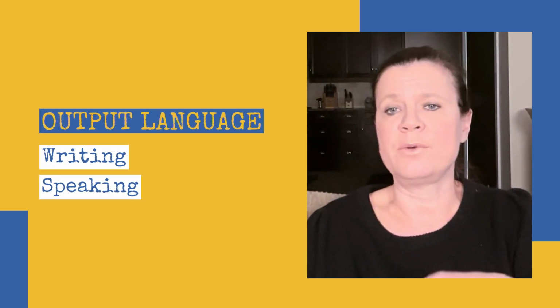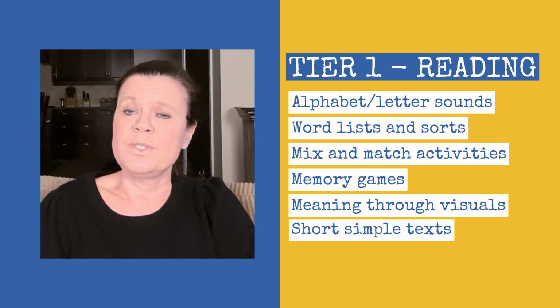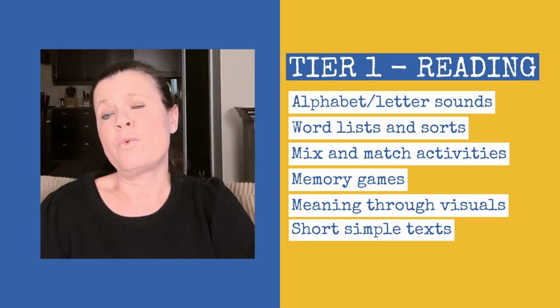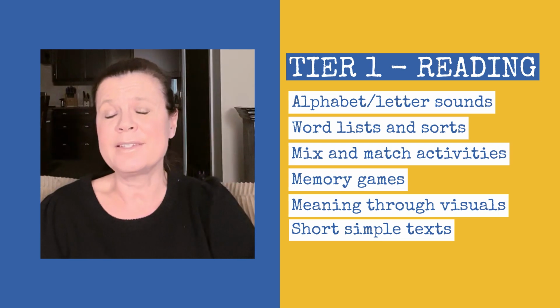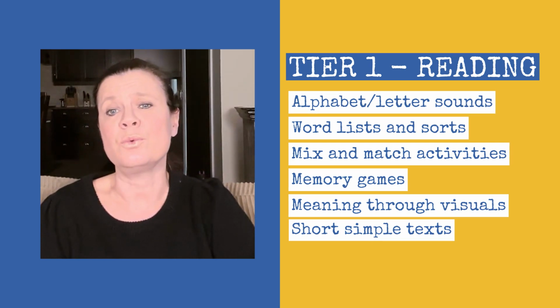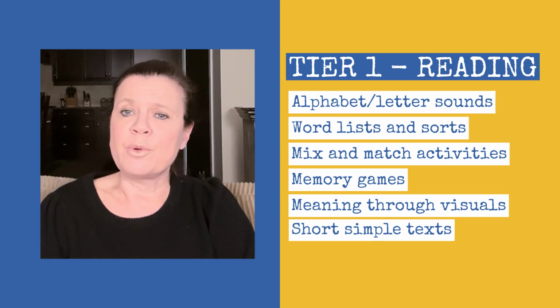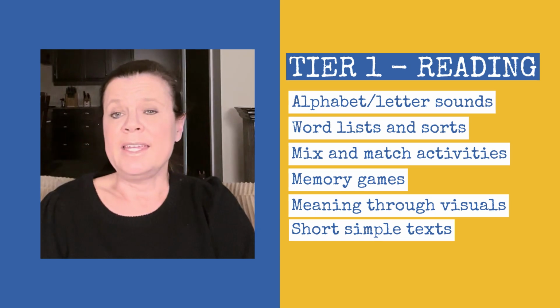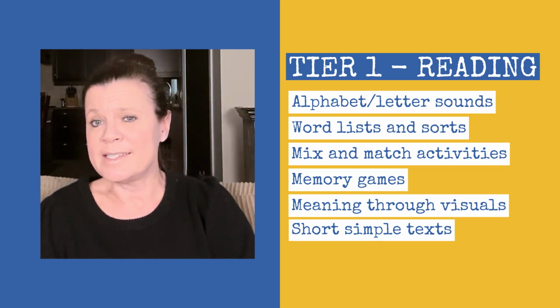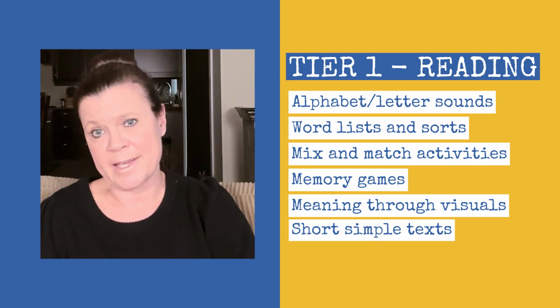This next section is broken down into teaching strategies for Tier 1 academic language and Tier 2 academic language. And within each section, I've broken it down further into reading, listening, writing, and speaking.